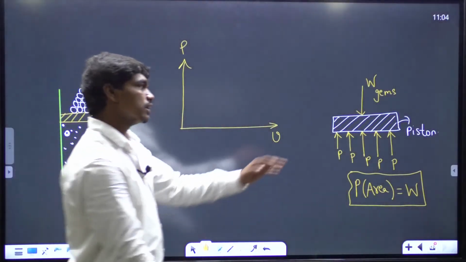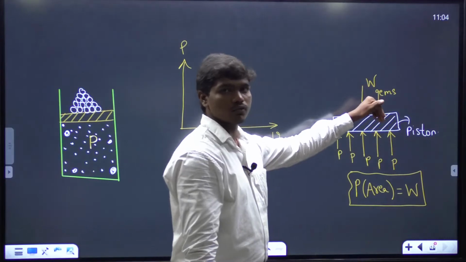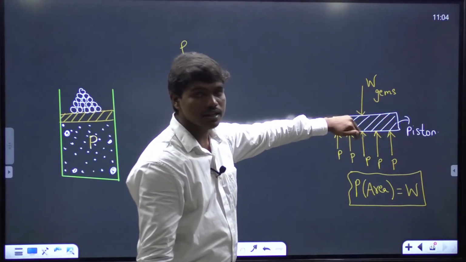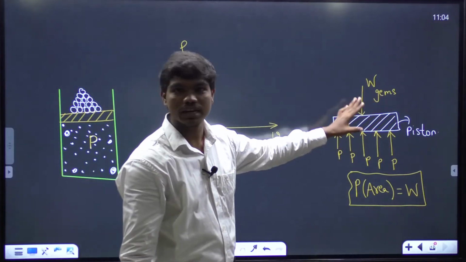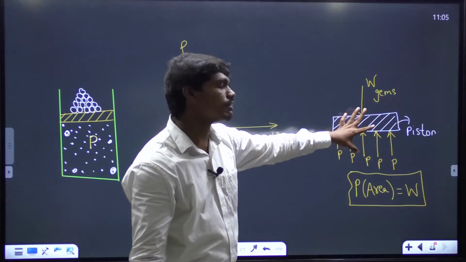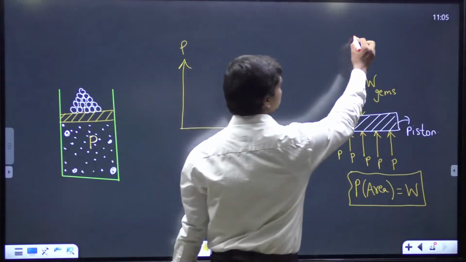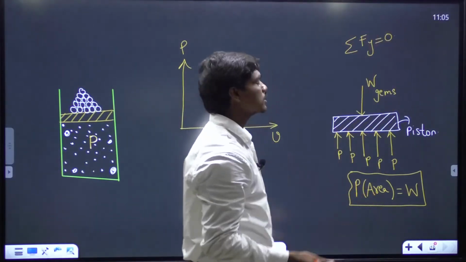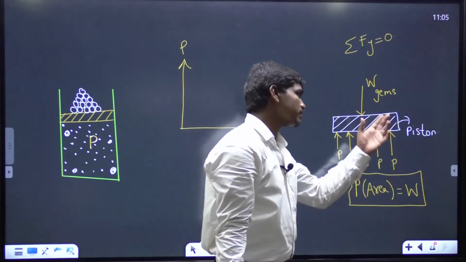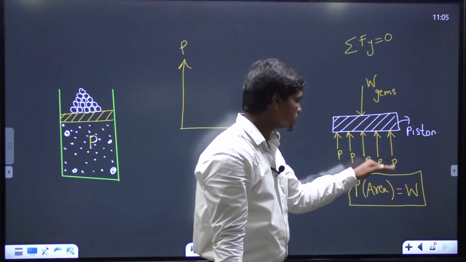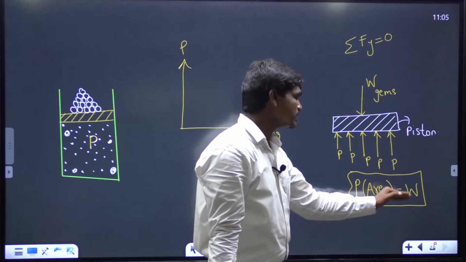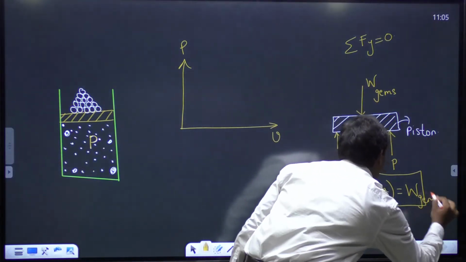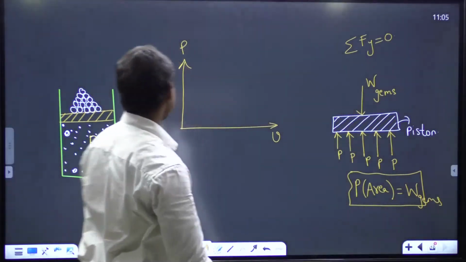Yes or no? Because the downward force should be equal to the upward force. If there is no net motion of the piston in this vertical direction, then the piston must be in equilibrium. From your statics, sigma Fy is equal to 0. So the bottom force, P into area of the piston, is the same as the weight of jumps on the piston. Correct?